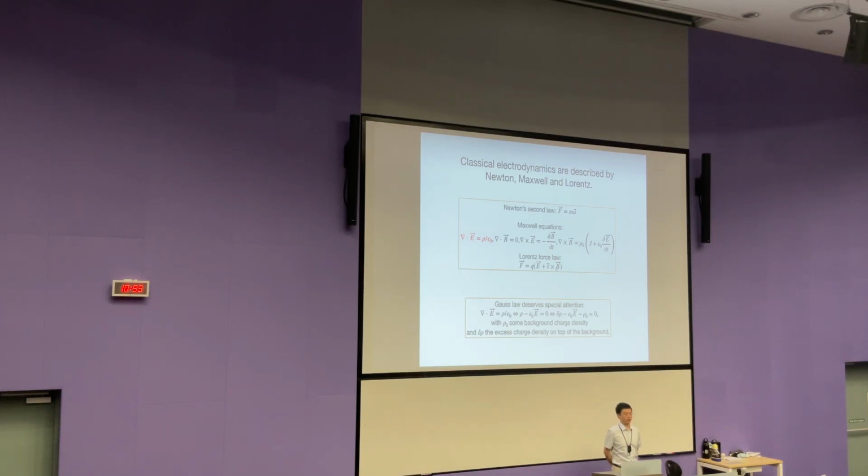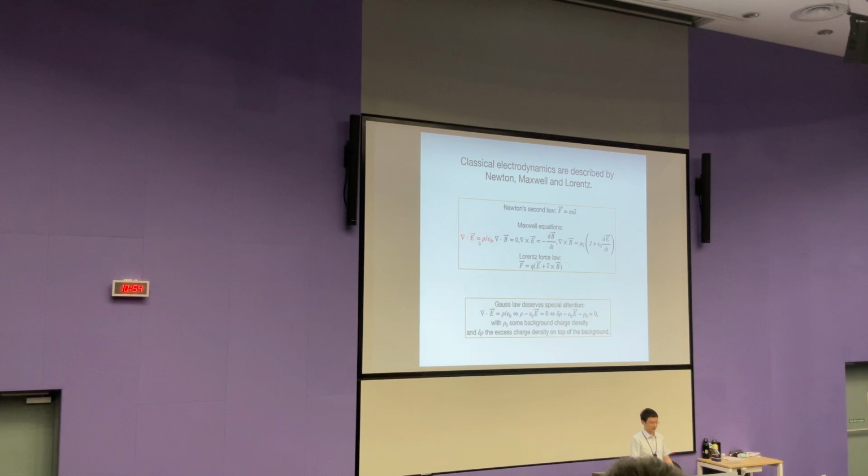To consider how a classical particle moves in a classical electromagnetic field, we just need to use the laws by Newton, Maxwell, and Lorentz. Newton's law says the force is related to the acceleration by the mass. The Maxwell equations say how the electromagnetic field is related to the properties of the particles.